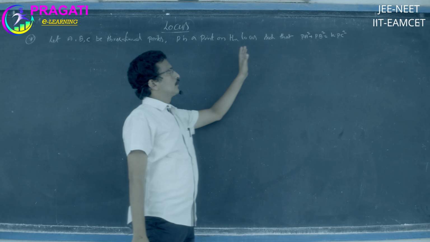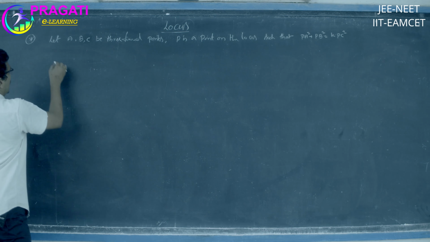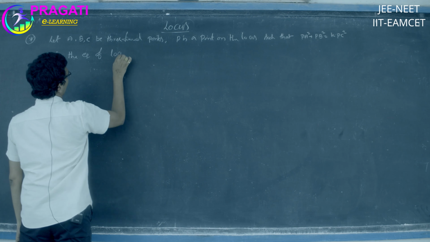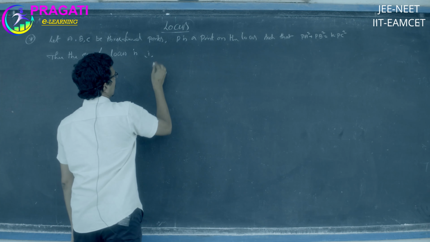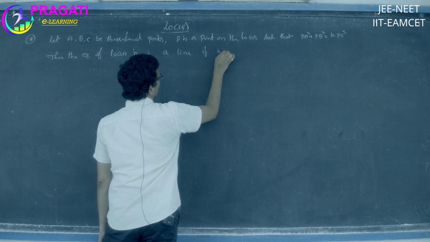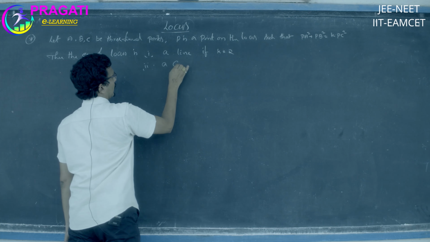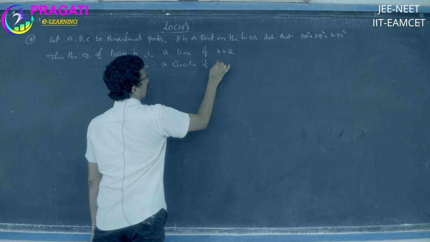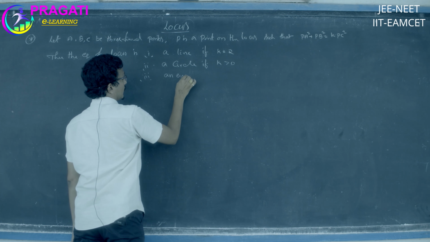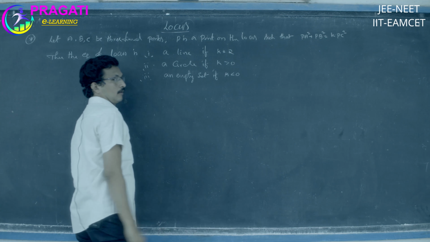P is a point on the locus such that PA square plus PB square is equal to K into PC square. Then the equation of locus is, first one, a line if K is equal to 2, the second one, a circle if K greater than 0, and the third one, an empty set if K less than 0.